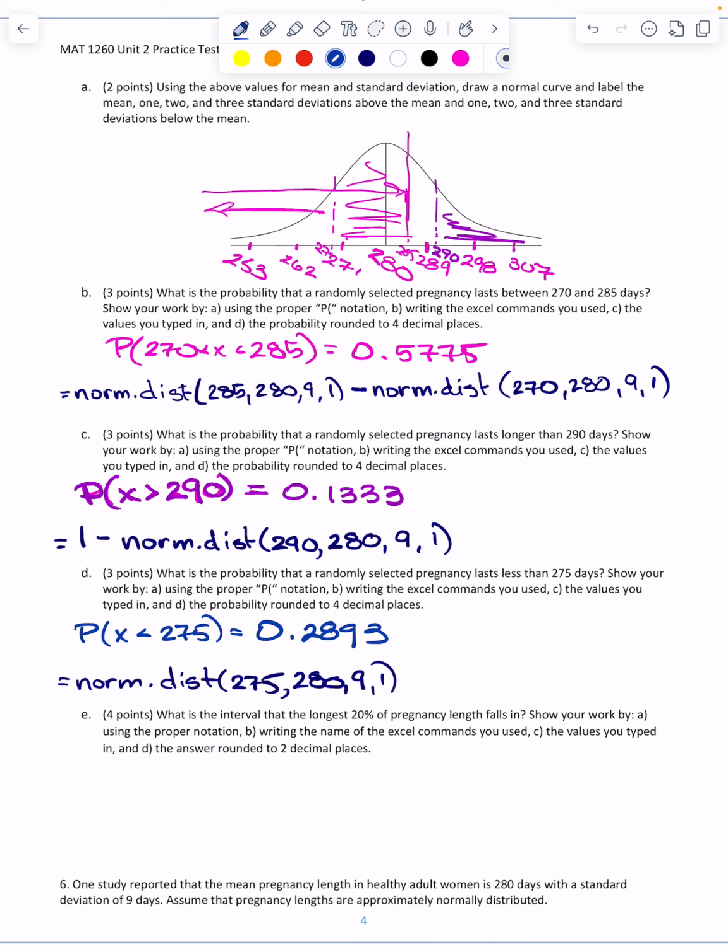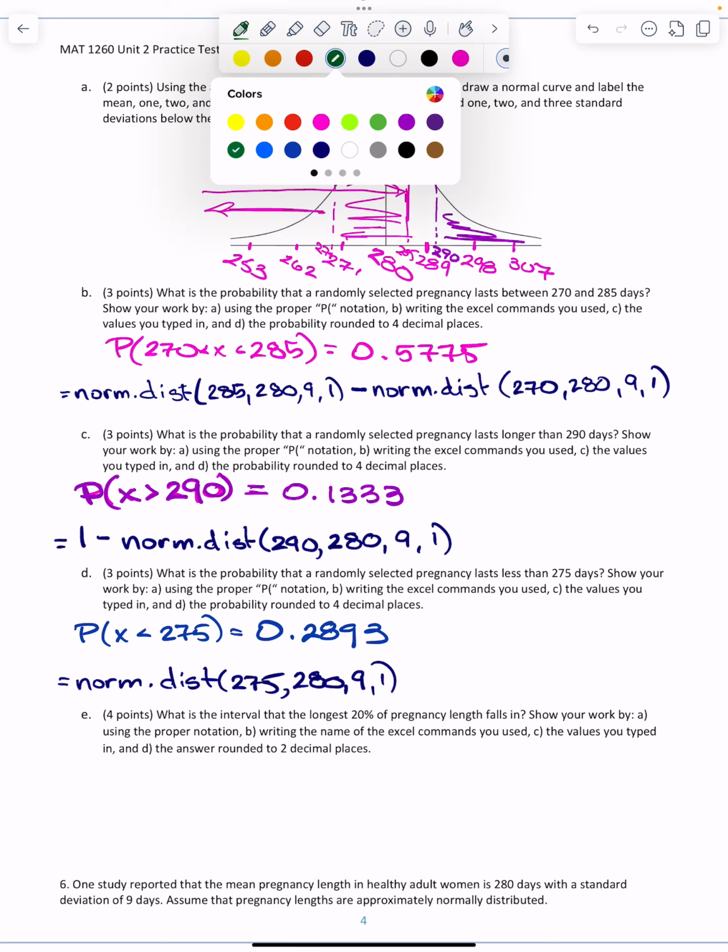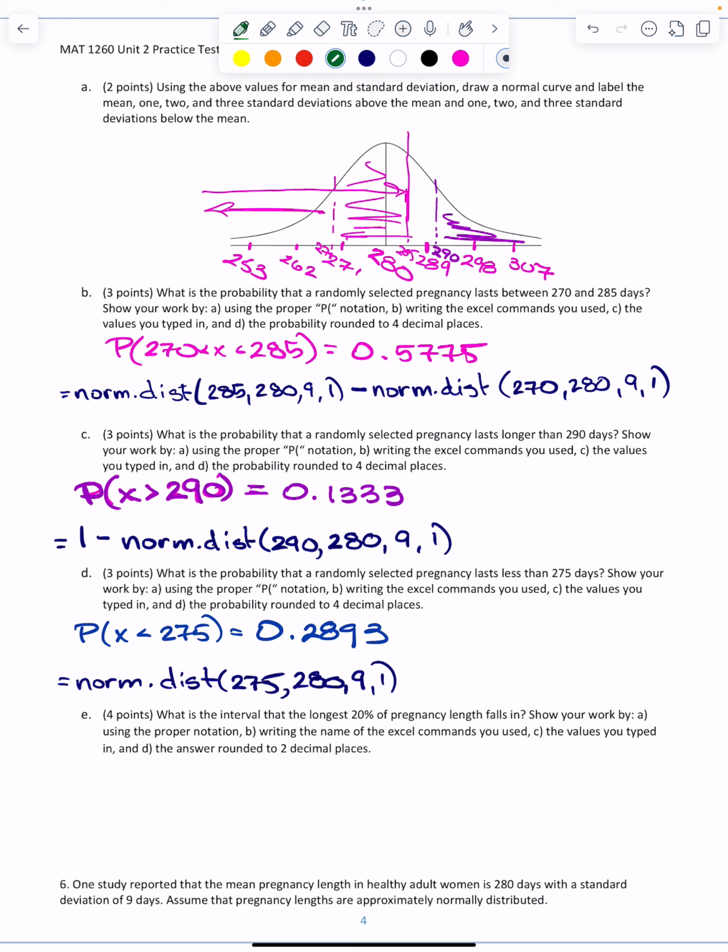Last one here, E. What is the interval that the longest 20% of pregnancy lengths fall in? Again, proper notation. So now I'm trying to figure out what value up here cuts off the longest 20%. Okay. So at some point, we're going to go back this way.